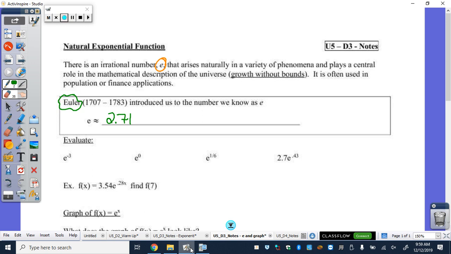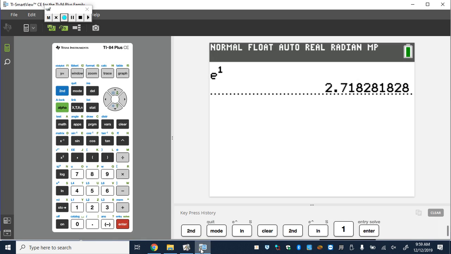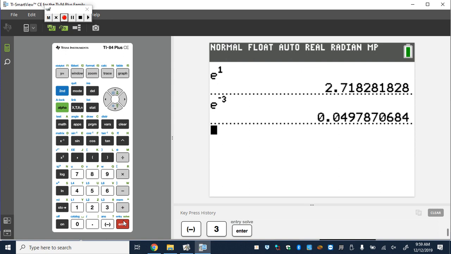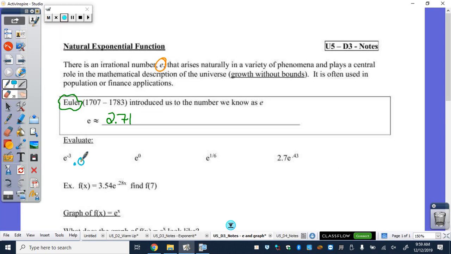So go ahead, practice evaluating this one. Type in e to the negative third, and then write your decimal that you get. We'll go to the nearest 10,000, so 4 numbers after. So 0.0498. That second one, we don't need to type that in. What's e to the 0? Everything to the 0 is 1.